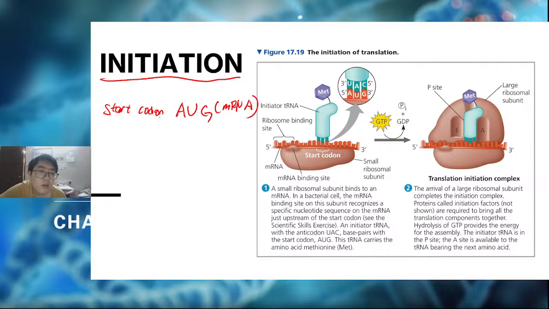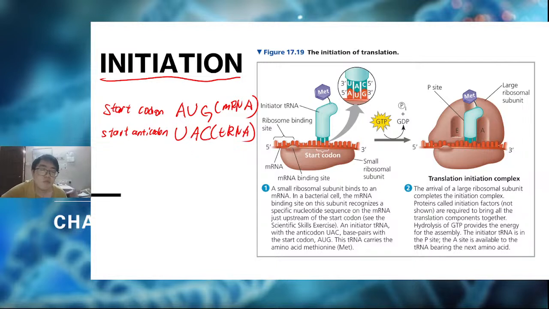mRNA. So the tRNA will be, what is the tRNA? Our initial start anticodon will be, which one? UAC.